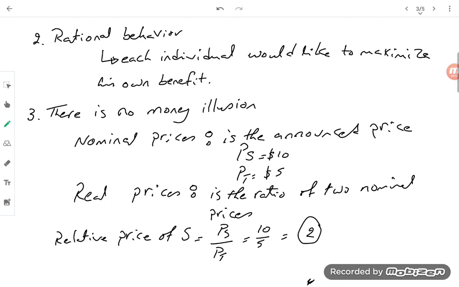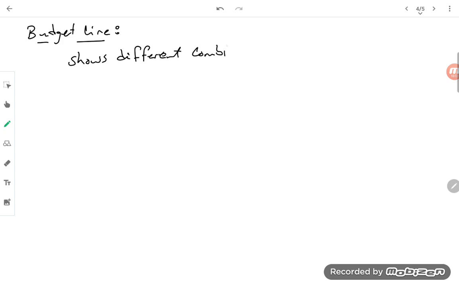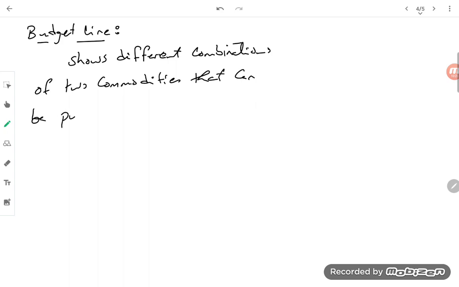This can be illustrated graphically by the budget line. What's meant by budget line? A budget line shows different combinations of two commodities that can be purchased using a given amount of money.